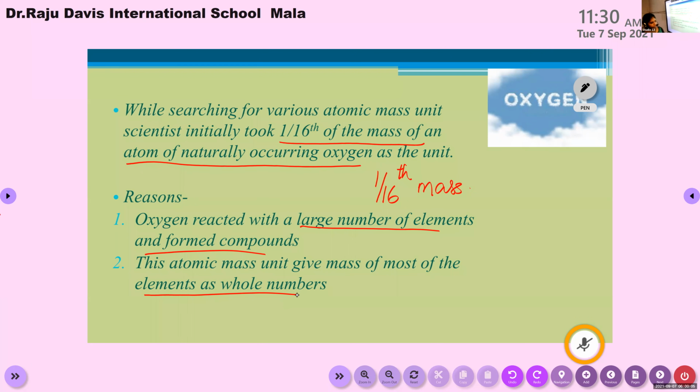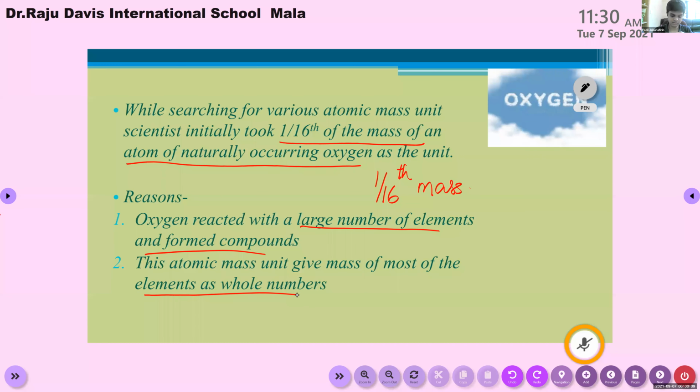So Fadil, can you please read the slide? Yes, ma'am. While searching for various atomic mass units, scientists initially took 1/16th of the mass of an atom of naturally occurring oxygen as the unit. Reasons. Oxygen reacted with a large number of elements and formed compounds. Second reason, this atomic mass unit gives the mass of most of the elements as whole numbers.